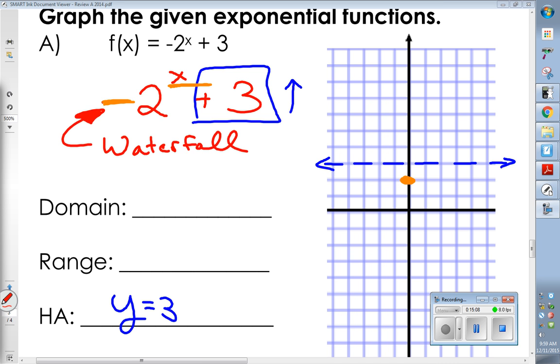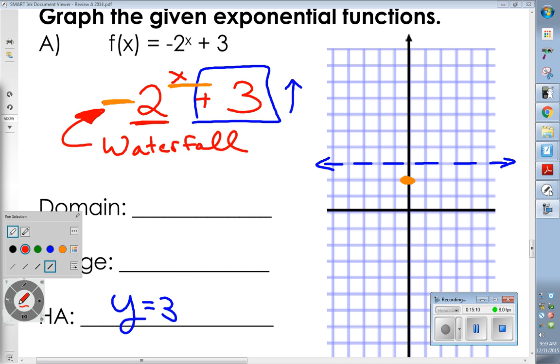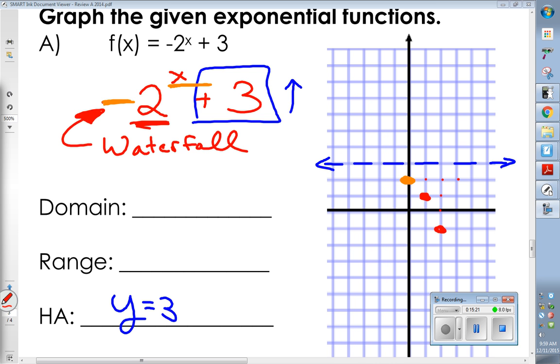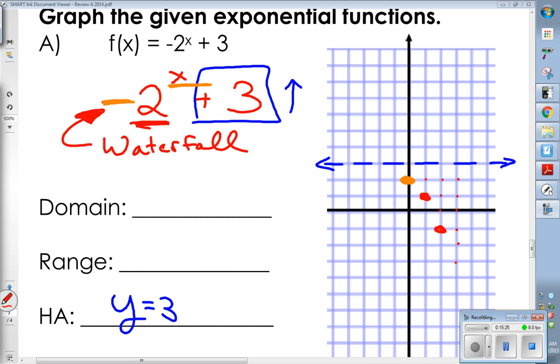My first dot was 1 below. Since it's a 2 here, it's telling me it doubles. So the first dot is 1 below. Then as I move to the right, the next one would be 2 below the line. Then the next one would be 4 below the line. And then 8 below the line. And you know you're going to have a waterfall graph. Start close, fall off.